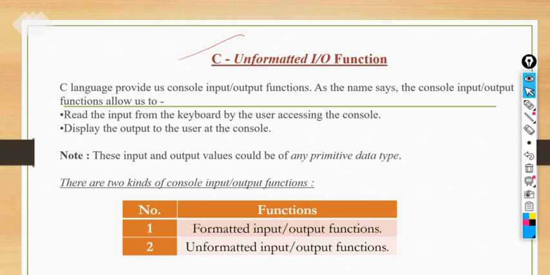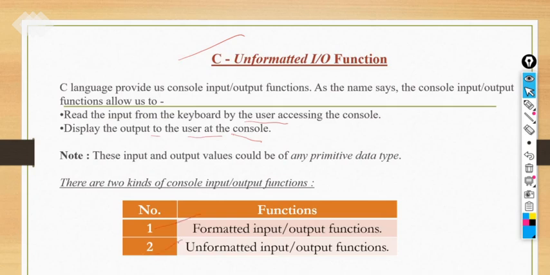C language provides the console input output functions, as we know, to read the input from the keyboard that is provided by the user in order to access the console, and to display the output to the user at the console screen. For these two purposes we have two types of functions: formatted and unformatted input output functions.